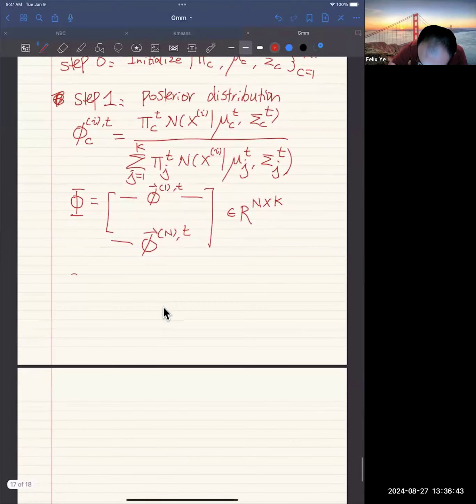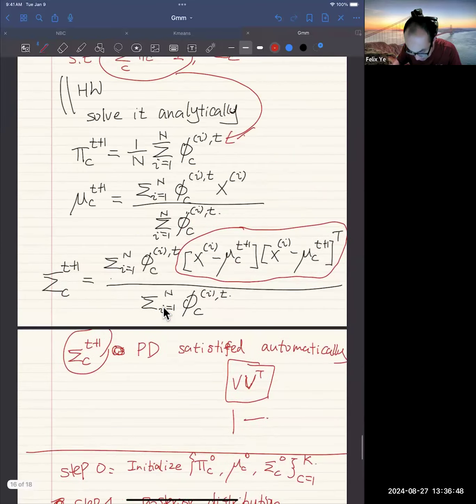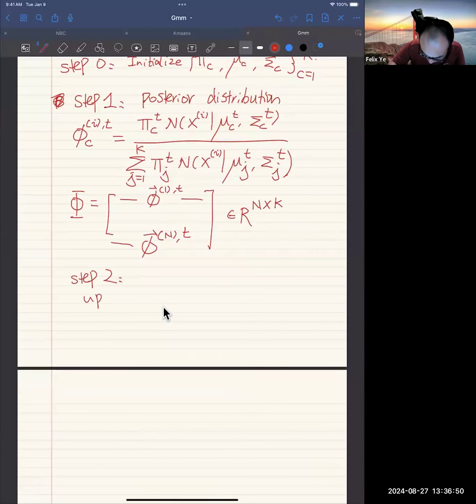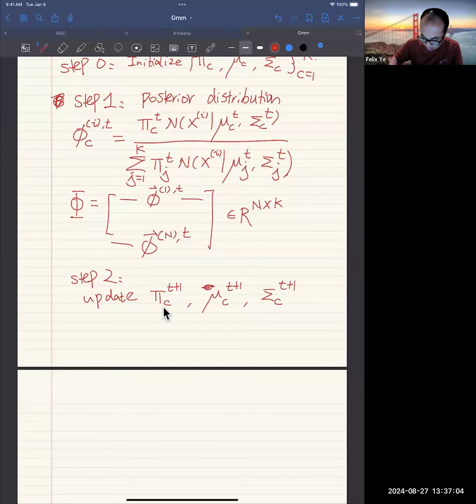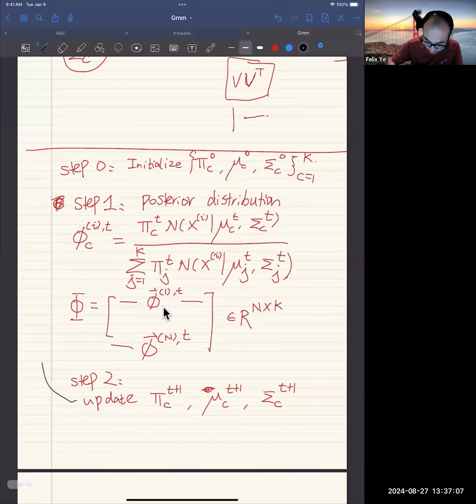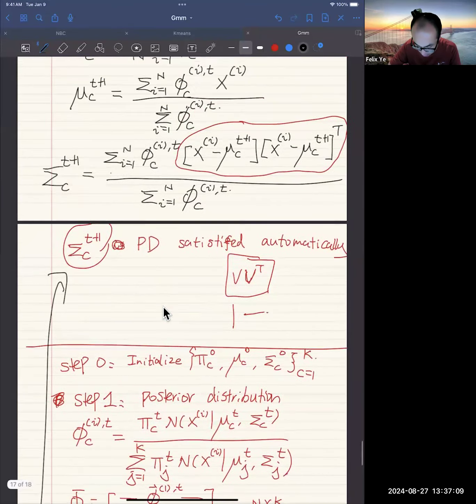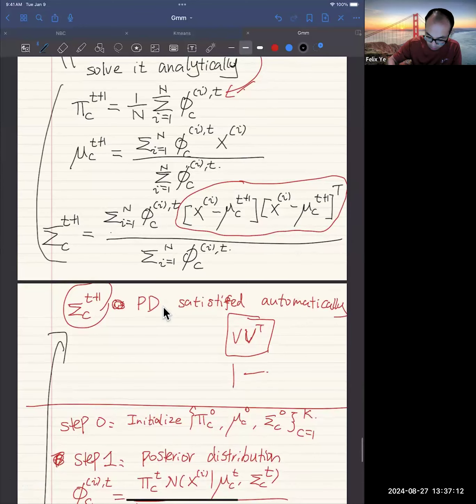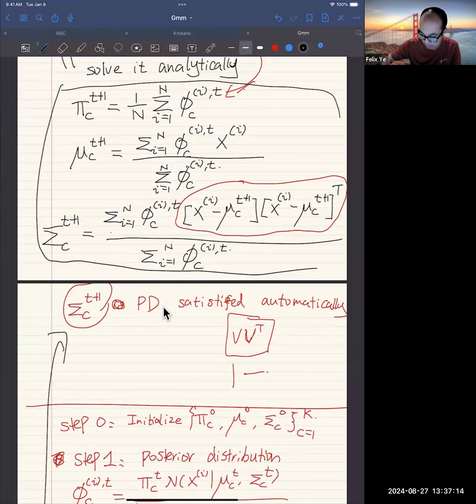Then step 2. So we update the pi CT plus 1 and the mu CT plus 1 and sigma CT plus 1 by this right here. All right, so these are the formulas right here. You are going to update that according to this weight.